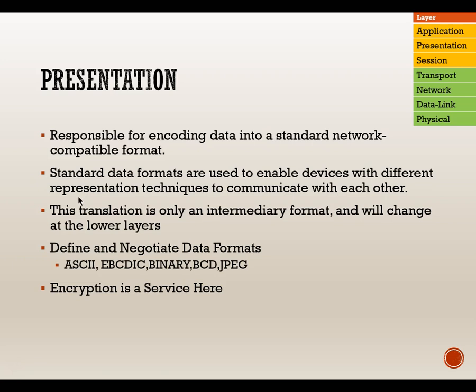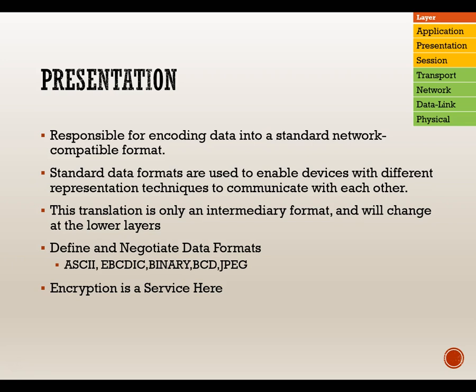Presentation layer, and you'll notice as we get higher up in the OSI model that the layers go quicker. It's responsible for encoding data into a standard network compatible format. HTTP, PDF, and this is the one I talked about. Your browser may open a PDF, but if you get a doc file, you're probably going to have to download it because the network standard doesn't do it.